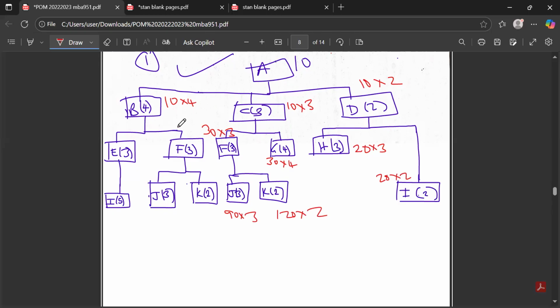Similarly here, we are simply getting 40 by 3, and then here 40 by 3. Then this one will give us 120 by 5. Then here it will give us 120 by 3. Then here it will give us 120 by 2. So these are the workings.